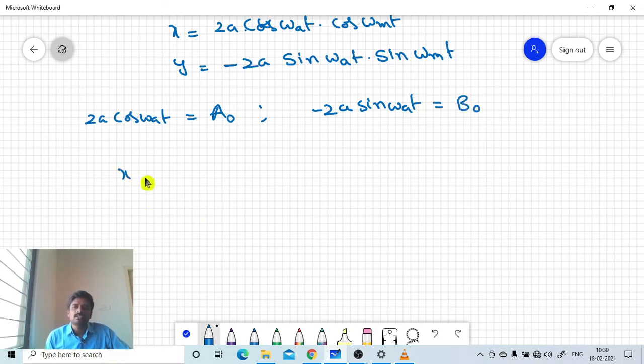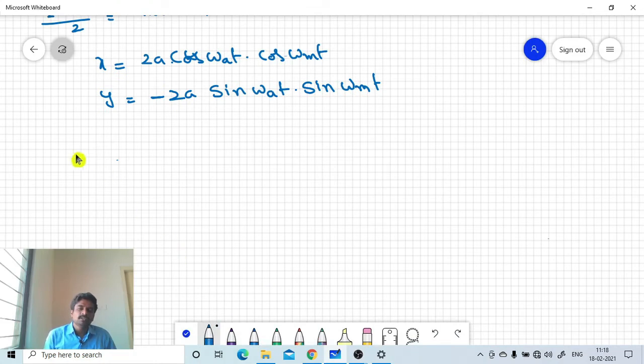So we derived the individual displacements of the two pendulums when they are connected with a spring. But the condition is that the two pendulums are identical. That is the condition we took here.